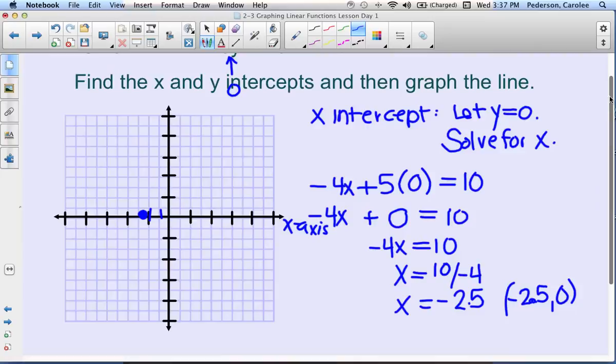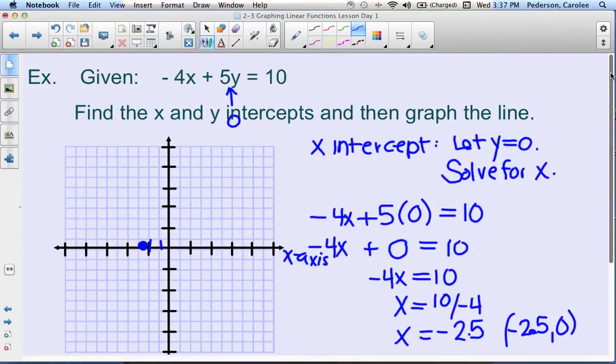To find the y-intercept, we're going to let x equal 0.